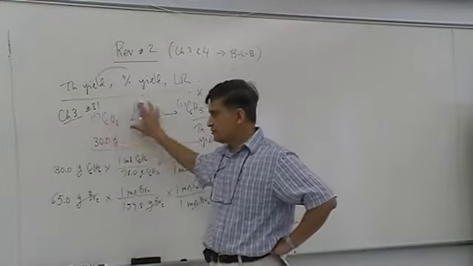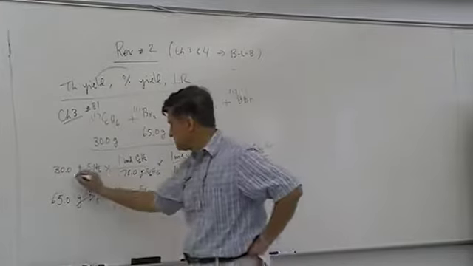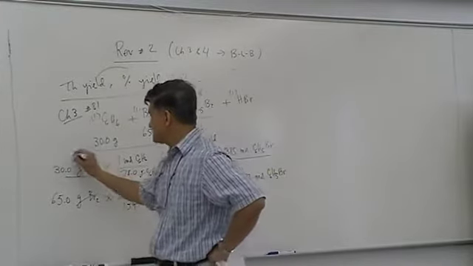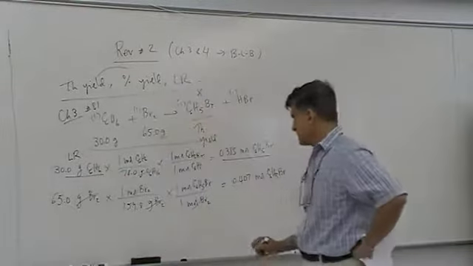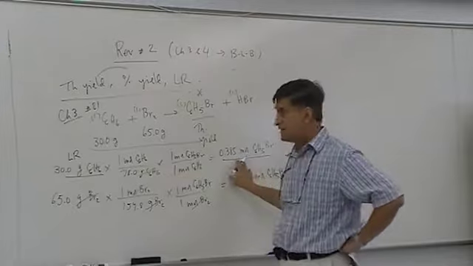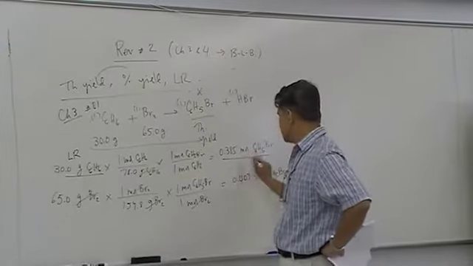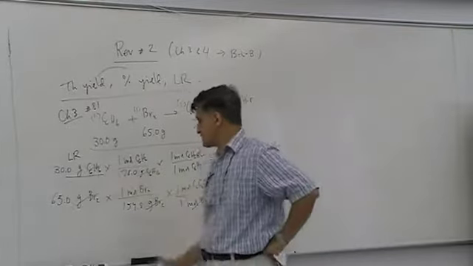That means there'll be no reaction beyond that point. So product is determined by C6H6, and that's why it's called the limiting reactant, that limits the product formation. Basically, the reactant that gives the smaller quantity of product is the limiting reactant. So this is the theoretical yield, and this is the limiting reactant.